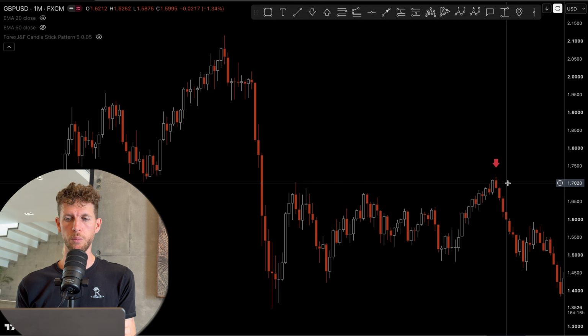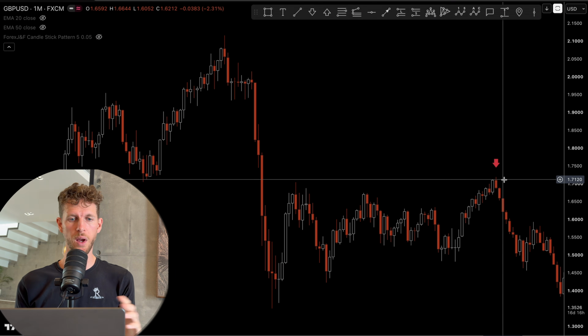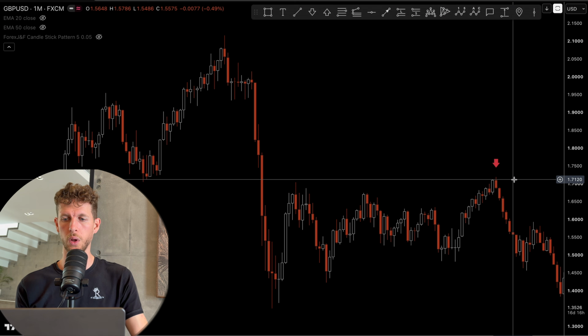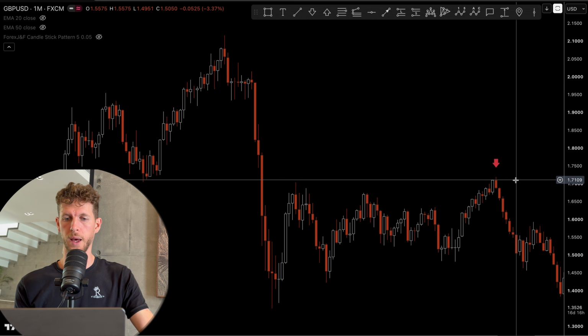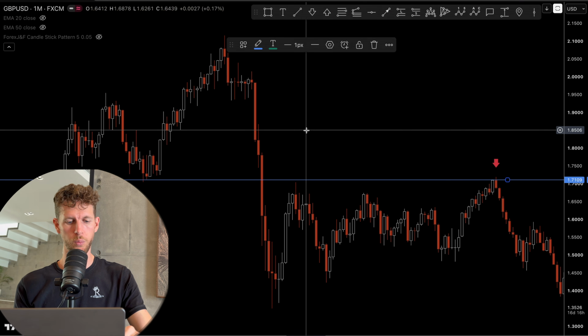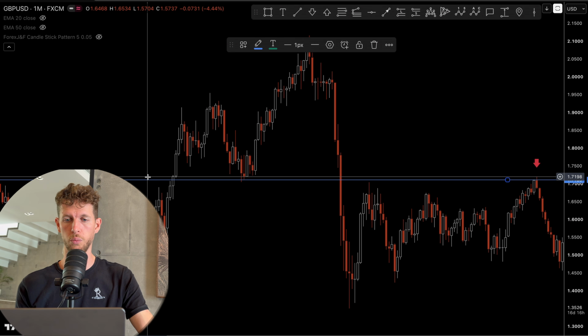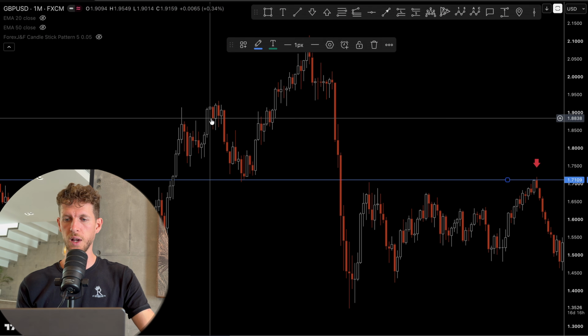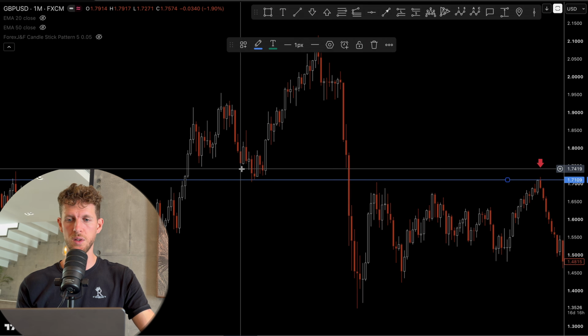Now, bearish inside bars, just like every other candlestick we'll be focusing on, it helps to stack confluence like major support and resistance levels and things like that. So for example, if we press Option H, which is your horizontal bar, you can see here this is actually a major horizontal support and resistance level.